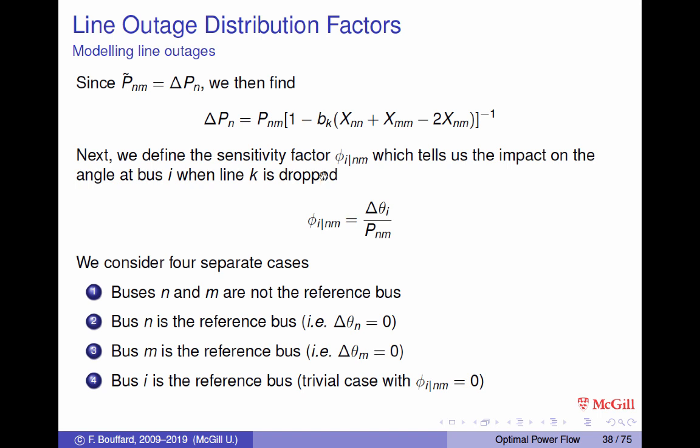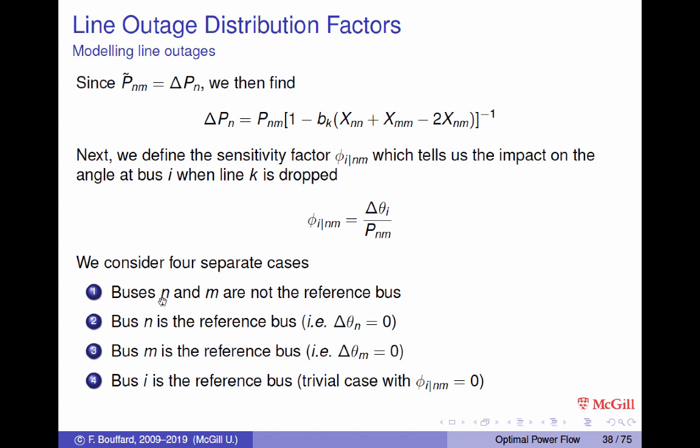Okay, so one more step. We'll define new sensitivity factors, phi I and M, which basically tell us what's the impact on the angle at bus I when line K is dropped out. So here basically what we have is the change in the angle theta I, normalized to the pre-contingency line flow. There are a number of cases that we need to look at.